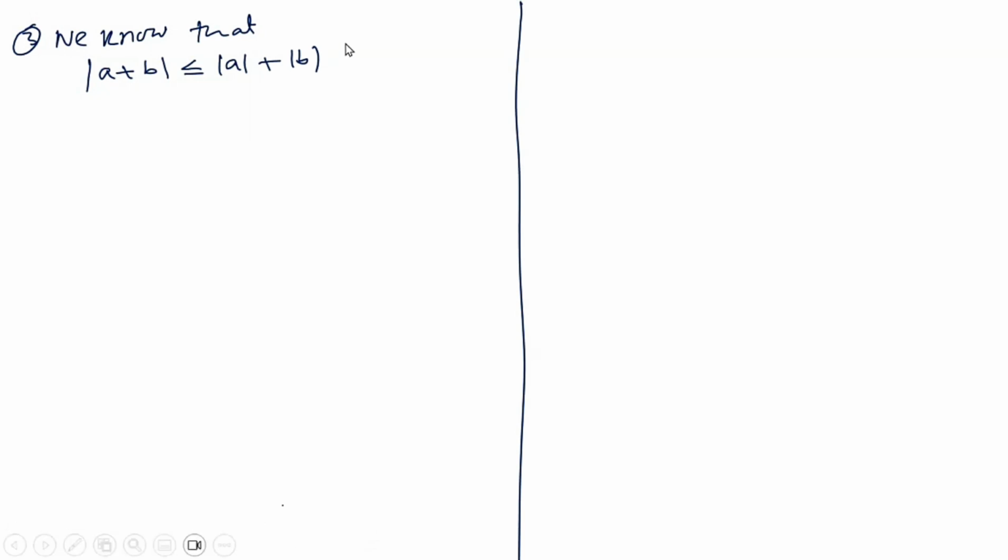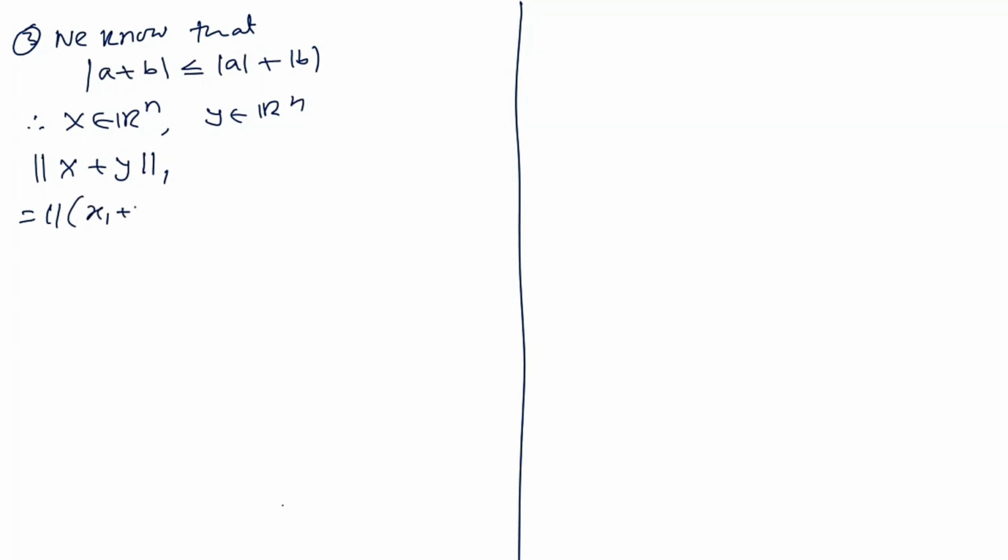So using this property, for x belonging to Rⁿ and y belonging to Rⁿ, the norm of x plus y is equal to the norm of (x1 plus y1, x2 plus y2, up to xn plus yn), norm 1.